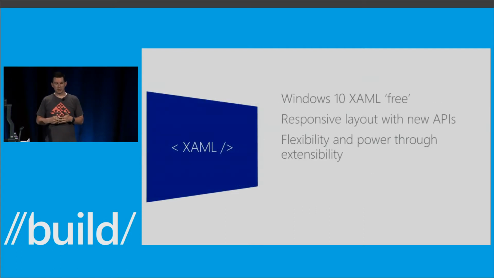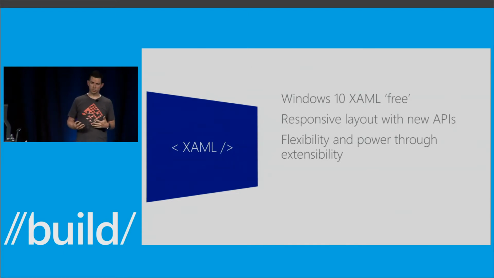So what have we done in XAML? We wanted to break this out into a couple of conversations today. First, what XAML, or the UI framework, does for you for free. We're going to reiterate and highlight a couple of those. Just by using the Universal Windows Platform version 10, you're going to get all of these things for free. And just by using the common controls, you'll not have to do anything and be able to have an app that responds to different user input and different screen sizes automatically.